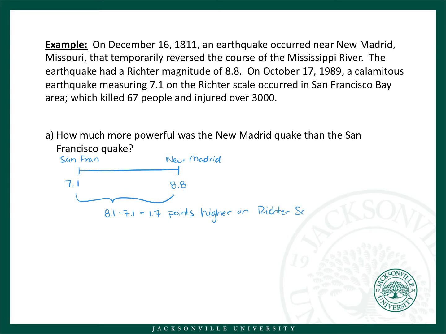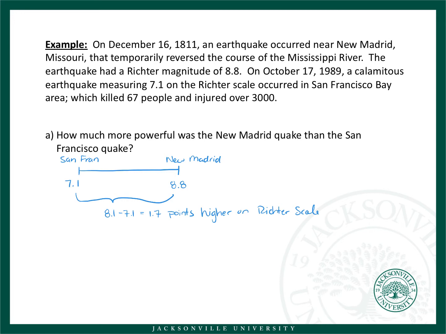But since the Richter scale is logarithmic, that basically means that if we increase the magnitude by x units on the Richter scale, then the intensity of that earthquake increases by 10 to the power of that change. So it's a power of 10.